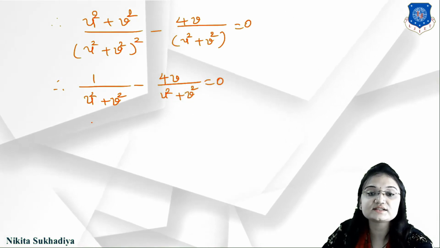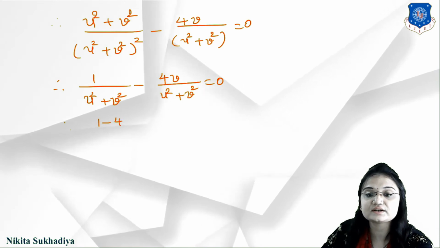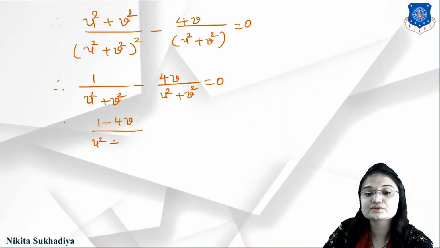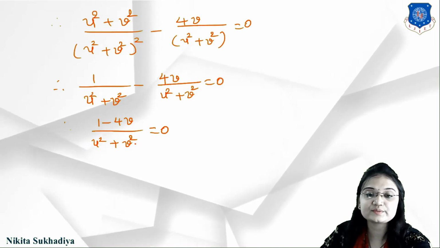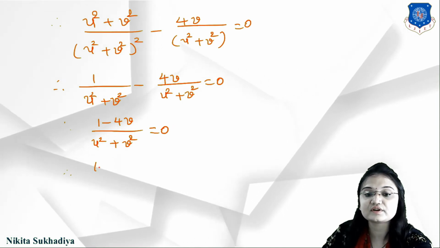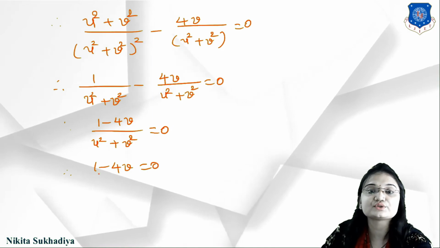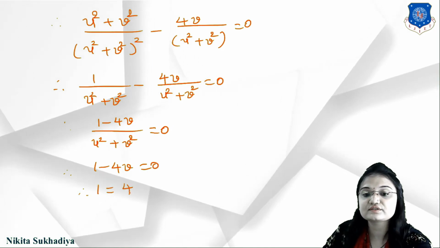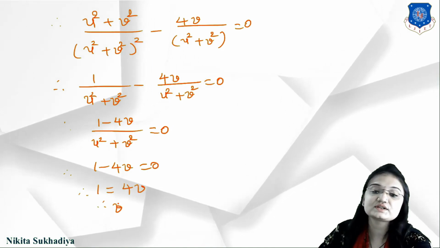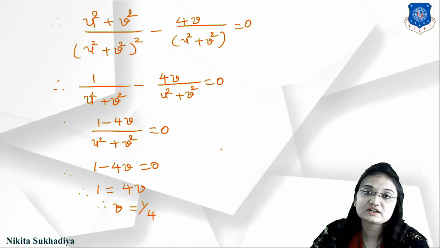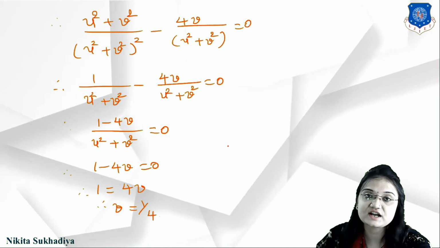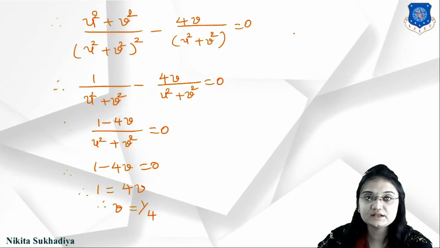Again by taking LCM, this will become (1 - 4v) upon (u² + v²) = 0, and by taking this u² + v² across, this will become 1 - 4v = 0. So 1 = 4v, that is v = 1 upon 4. That is the image of modulus of z + 2i = 2 in the W plane.